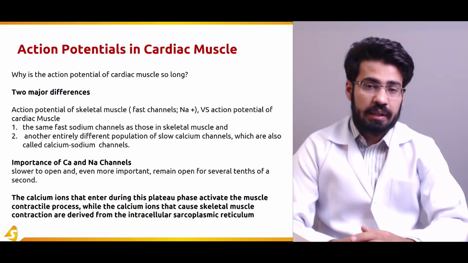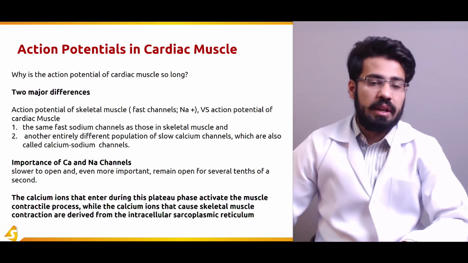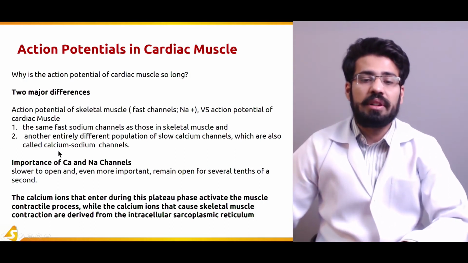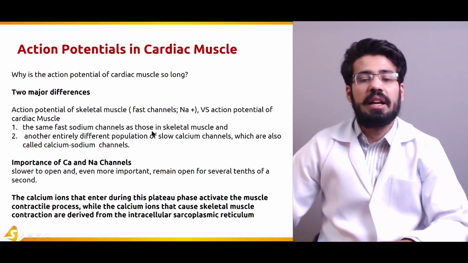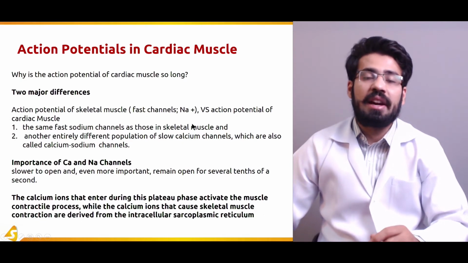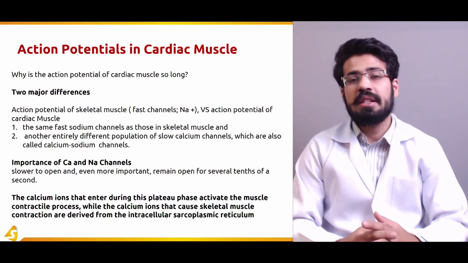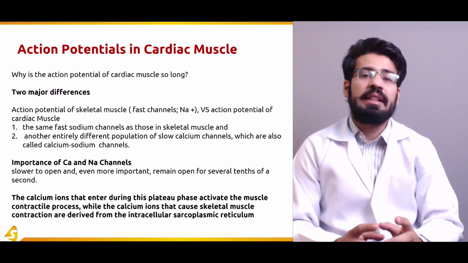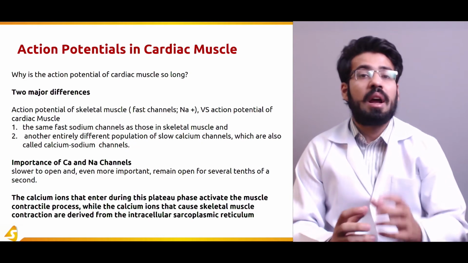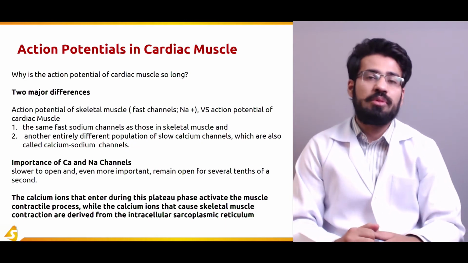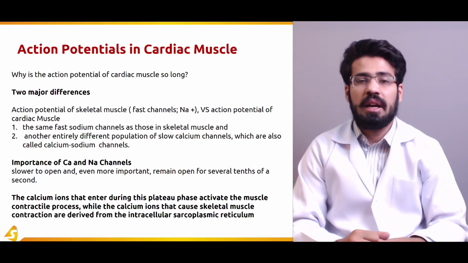Now here the most important thing is, as mentioned here, the same fast sodium channels as those in the skeletal muscles. The difference between the action potential of the cardiac and the skeletal muscles lies in two reasons. The cardiac muscle fiber does contain the same sodium channels that the skeletal muscles have.